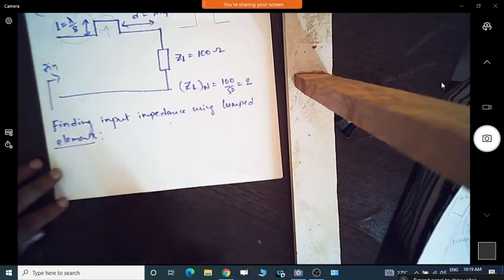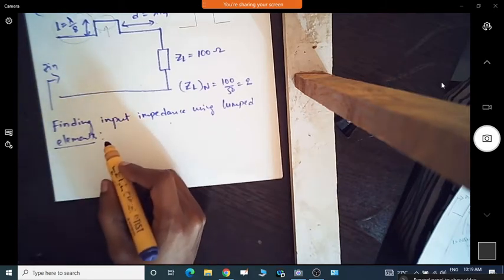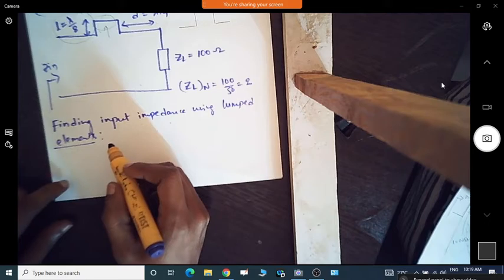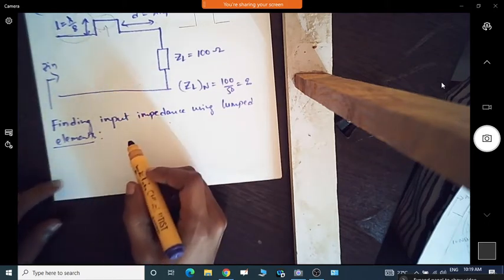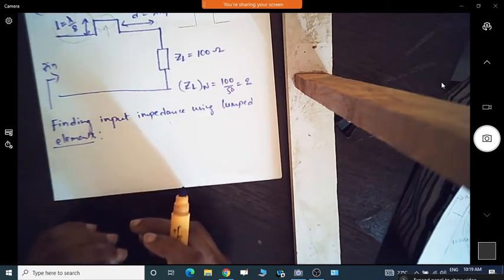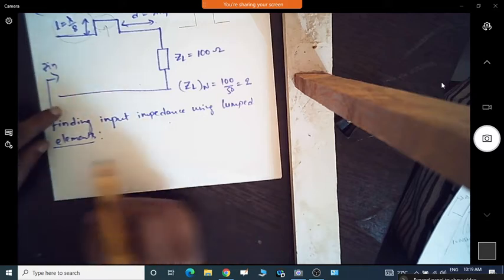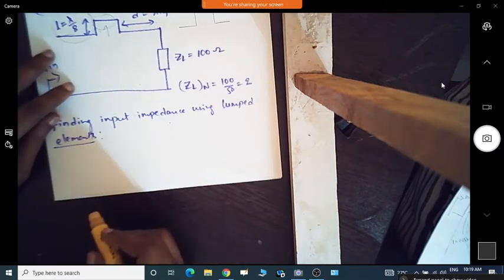Lumped elements in the sense, you have the resistance and even the inductance and capacitance. Now we can make those combinations, put them in the problem, and find out what the impedance is.